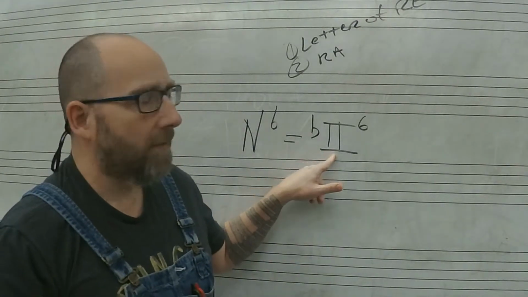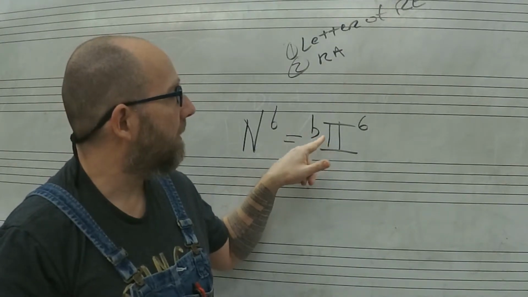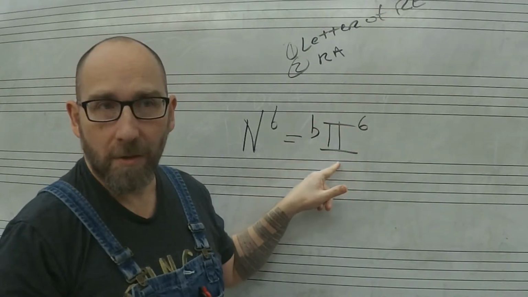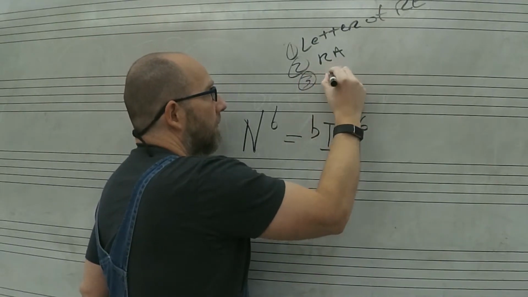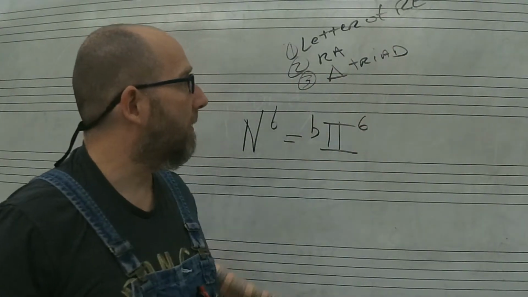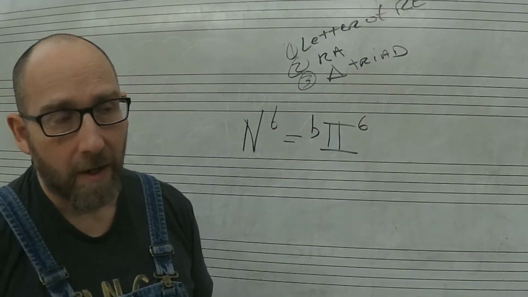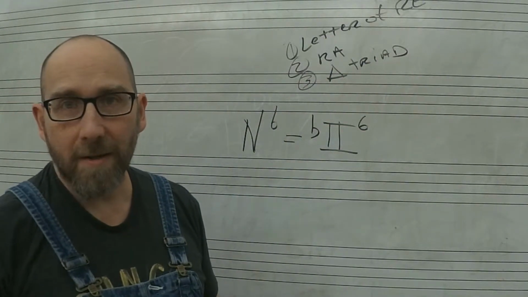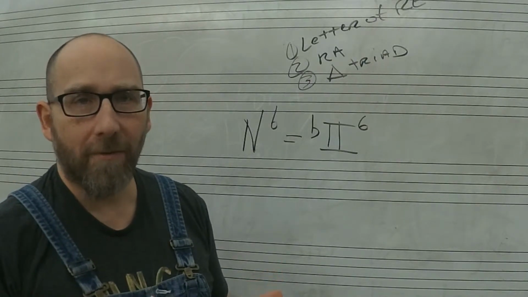So we have the 2, we lowered it a half step to become Ra, and then this is a capital 2, which means it's a major triad. So whatever Ra was, you just take it and make a major triad out of it. If you're in the key of C, Ra is D flat, and the chord you're going to use is going to be D flat, F, A flat.